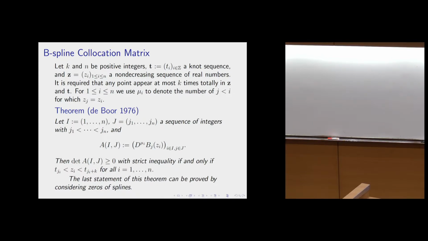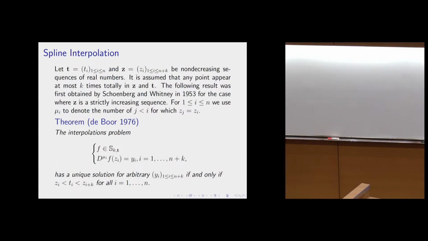So this theorem, of course, was proved before Goldman's result, but we can also use the zeros of splines to give it a simple proof. Then again, for spline interpolation, this is Schoenberg and Whitney.